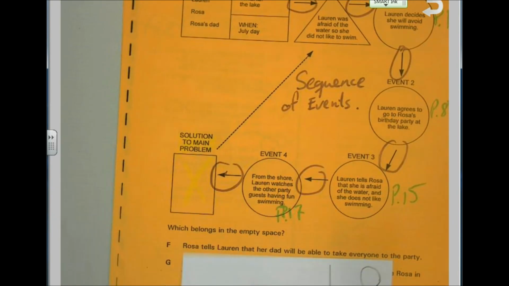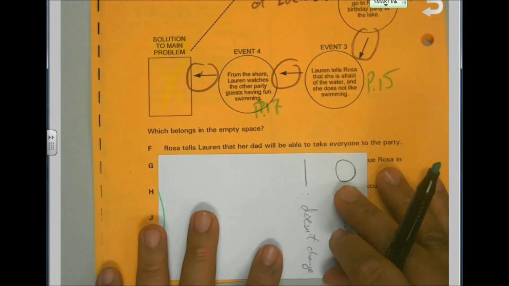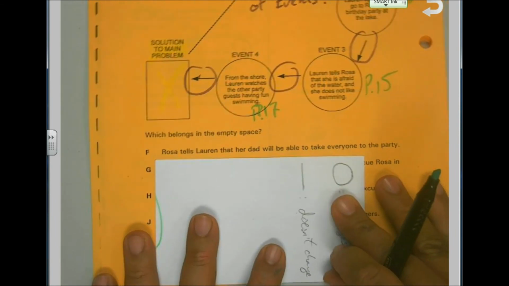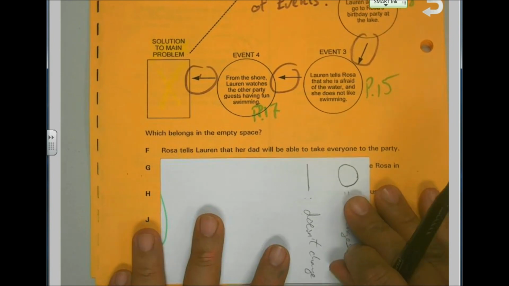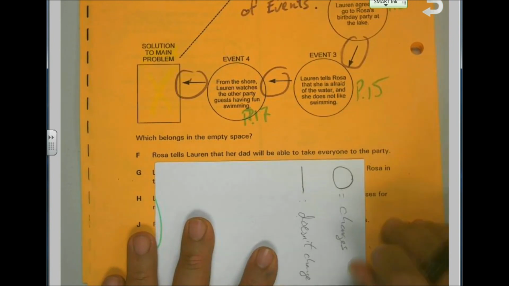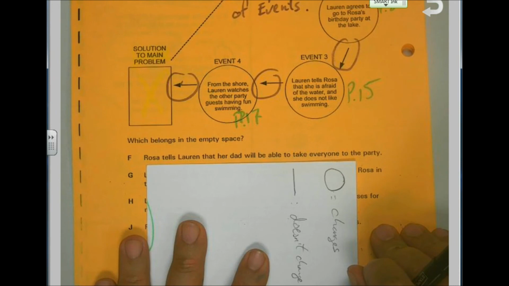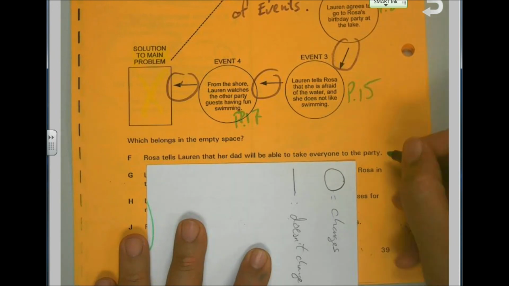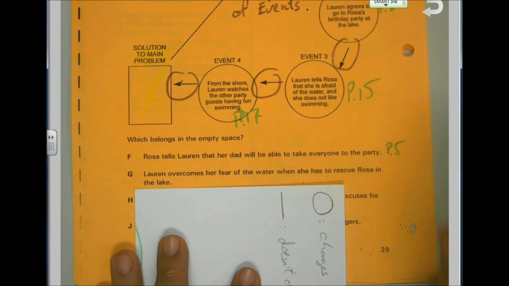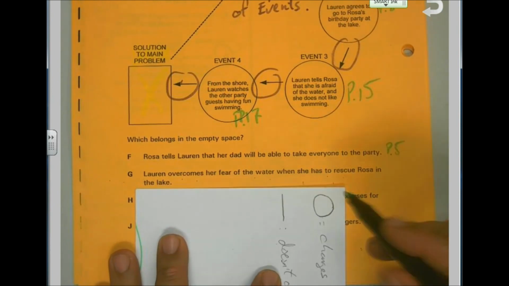Now, as usual, we're covering the answer choices and we'll go one by one. Number 1. Rosa tells Lauren that her dad will be able to take everyone to the party. What paragraph is that in? Paragraph 5. G. Lauren overcomes her fear of the water when she has to rescue Rosa in the lake.